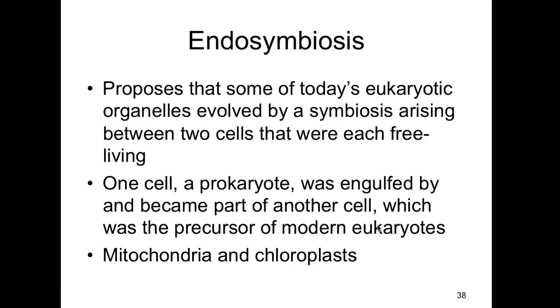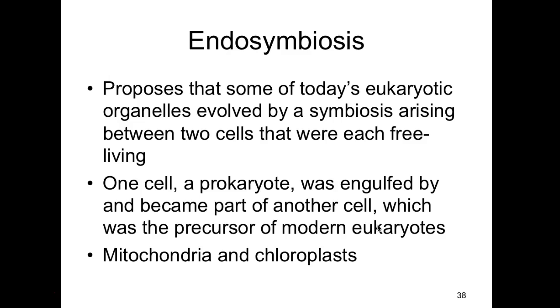So that brings us to this idea of endosymbiosis. Basically, what the endosymbiotic theory proposes is that some of today's eukaryotic organelles evolved by a symbiosis arising between two cells that were each free living.